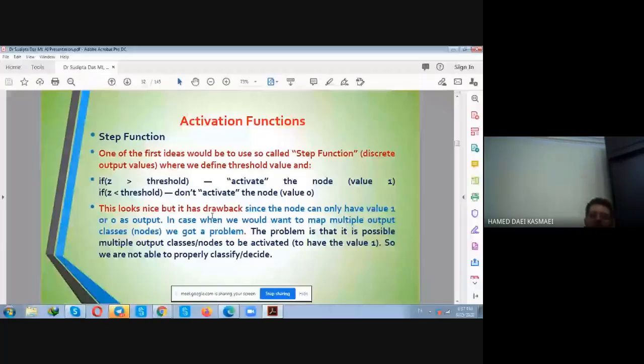It has a disadvantage, since the node can only have value 1 or 0 as output. In case we want to map multiple output class nodes, we get a problem. The problem is that it is possible for multiple output classes or nodes to be activated with the value 1. So we are not able to properly classify or decide about this item. I will tell you why it happens.